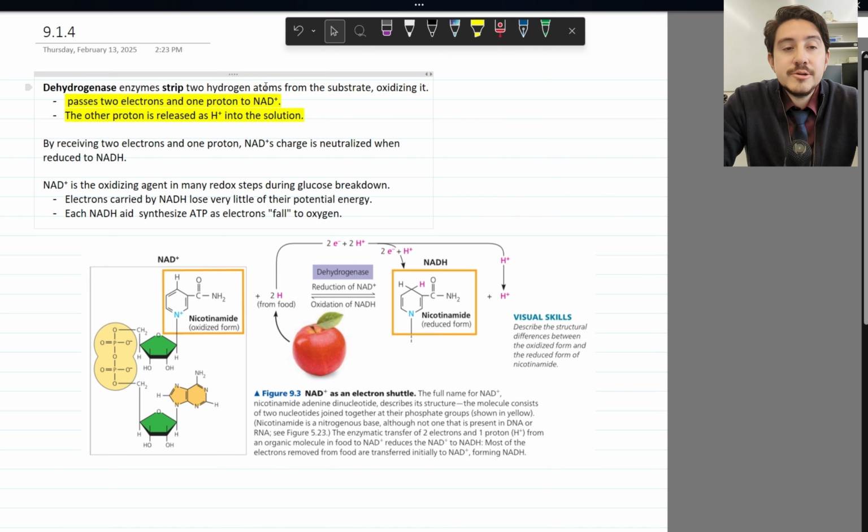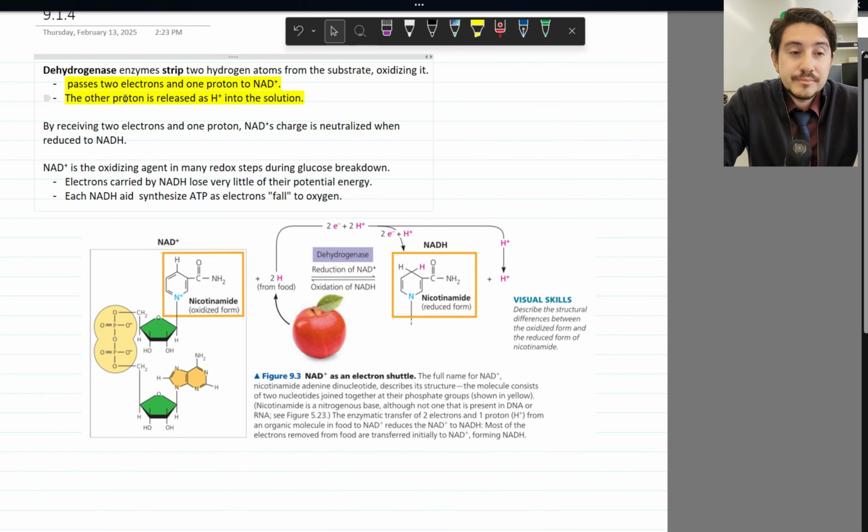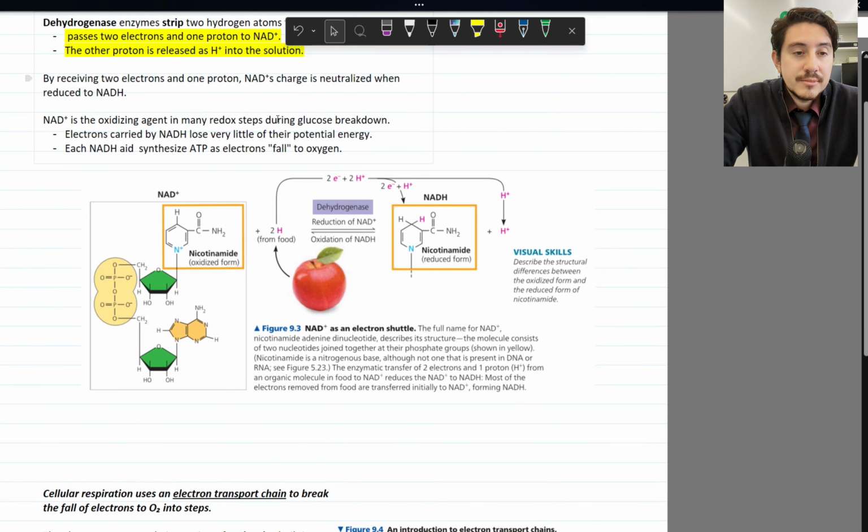They strip hydrogen atoms from a substrate, so they oxidize the substrate, and then ultimately they'll pass these hydrogens and these electrons to NAD plus. Okay. Moreover, they'll pass 2 electrons and 1 proton, 1 hydrogen, to NAD plus. The other proton is released as a hydrogen plus ion into the solution.